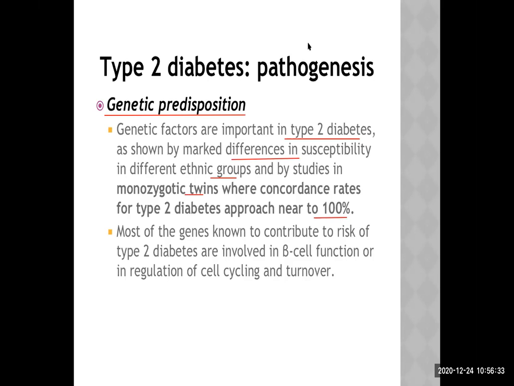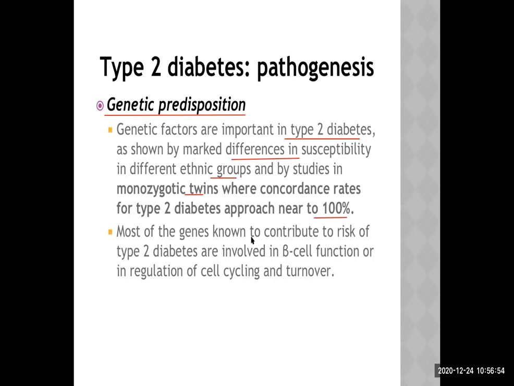So there is a clear-cut role of the gene here, proven by the study in monozygotic twins. If one twin develops type 2 diabetes, the other has a 100% chance of developing it. This is known as the concordance rate. So we know there is a genetic predisposition.